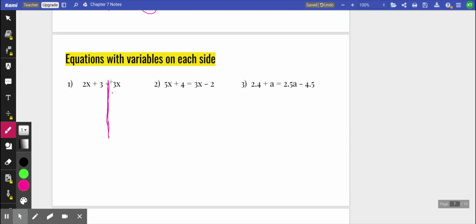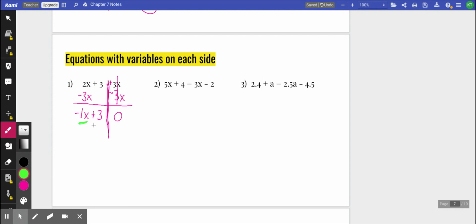So if I'm going to move this, again, that's a positive 3x, so I'm going to subtract it from both sides. So here we have 2x minus 3x, right? That would give me negative 1x. Here I have plus 3. Over here I have nothing. I have 0. Okay. So what we've done is we've moved the variable to the left side.